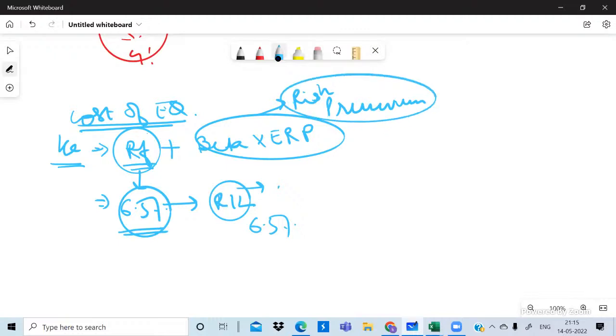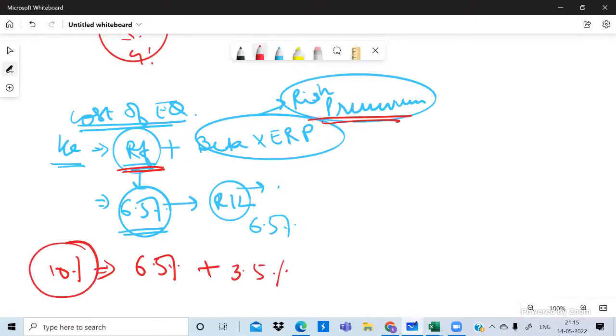So let's say I'm ready to put my money in Reliance, but I want a return of 10% from Reliance. So how do I calculate that 10%? That will consist of 6.5%, which is the risk-free rate, plus the risk premium, which will come as 3.5%, because I want a total return of 10%.